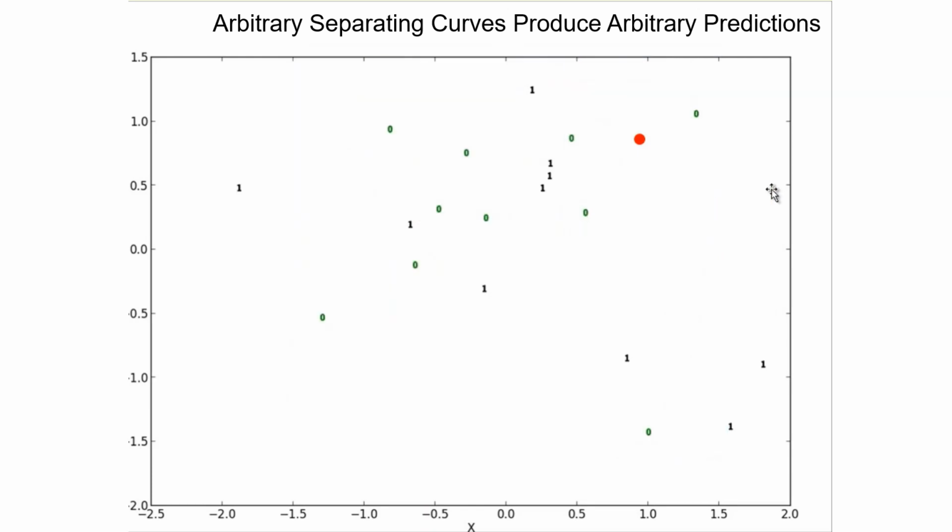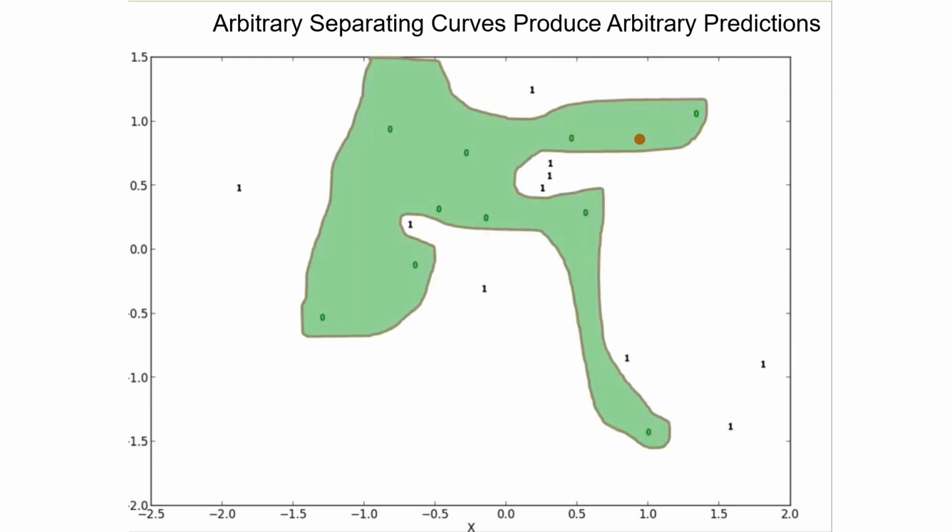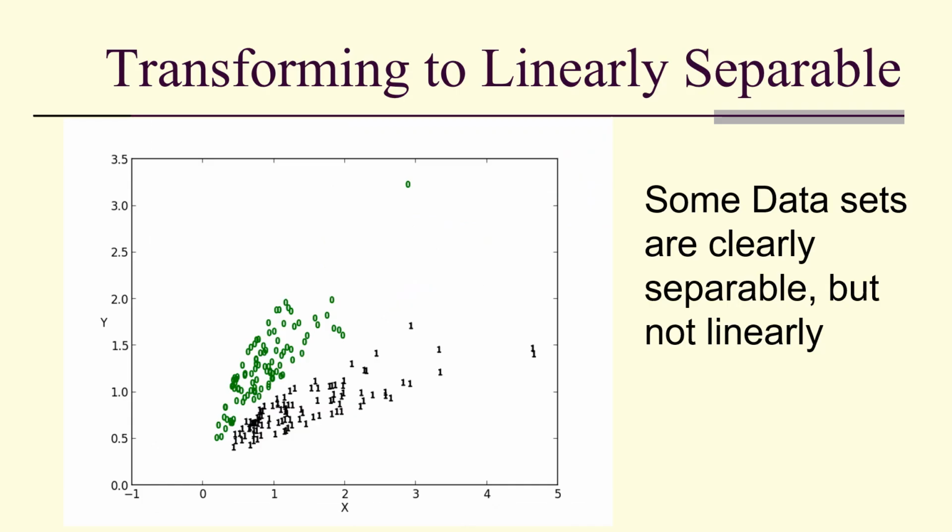But that's going to give me different predictions for an unlabeled data point. So we don't want to use arbitrary separating curves. We only want to use hyperplanes, or if we can transform the data to where we can separate with hyperplanes.